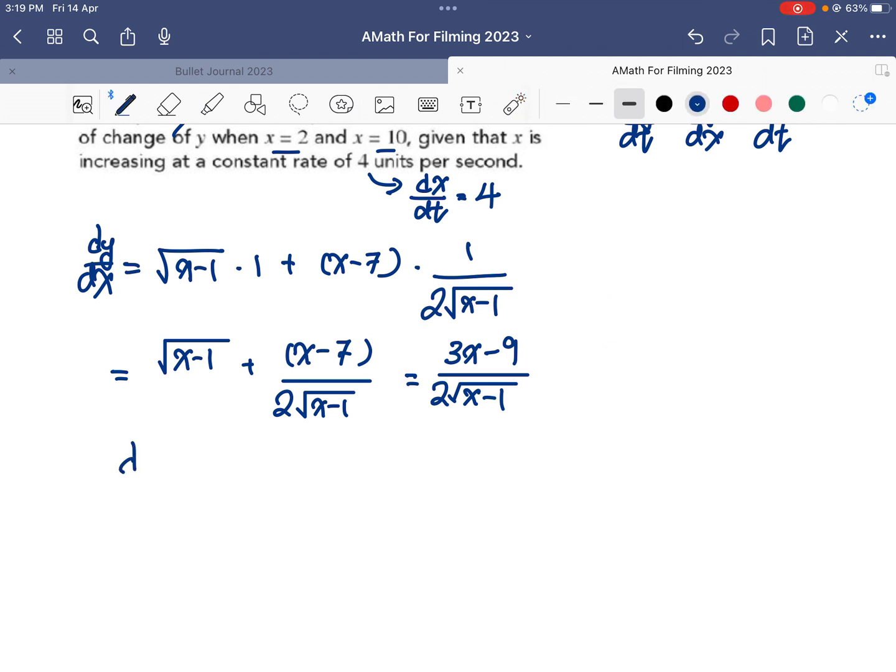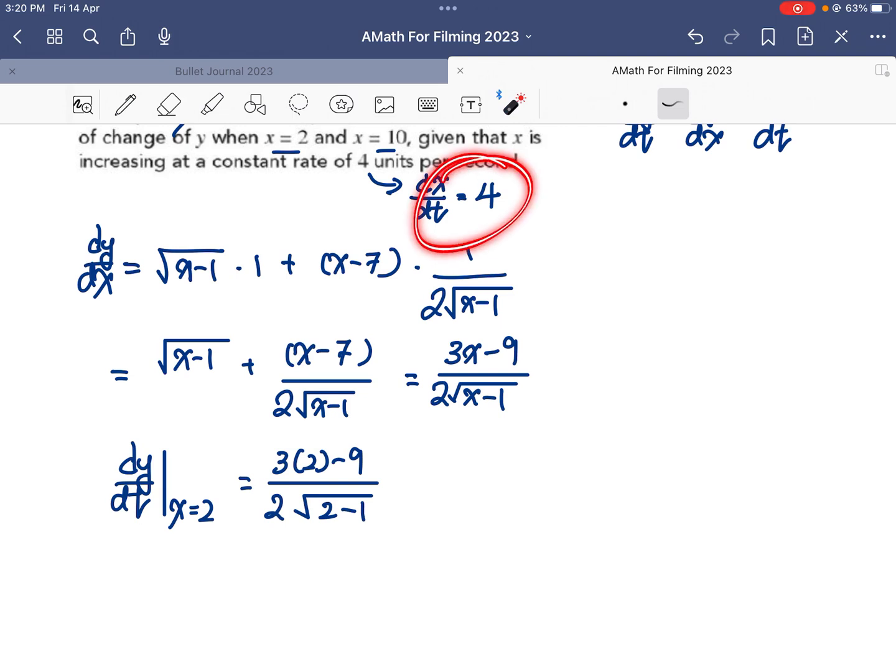Now if I want to find the rate of change of y with respect to t, and this occurs when my x value is equal to 2, I take dy/dx, substitute in the value of 2, and multiply this by dx/dt, which is 4.